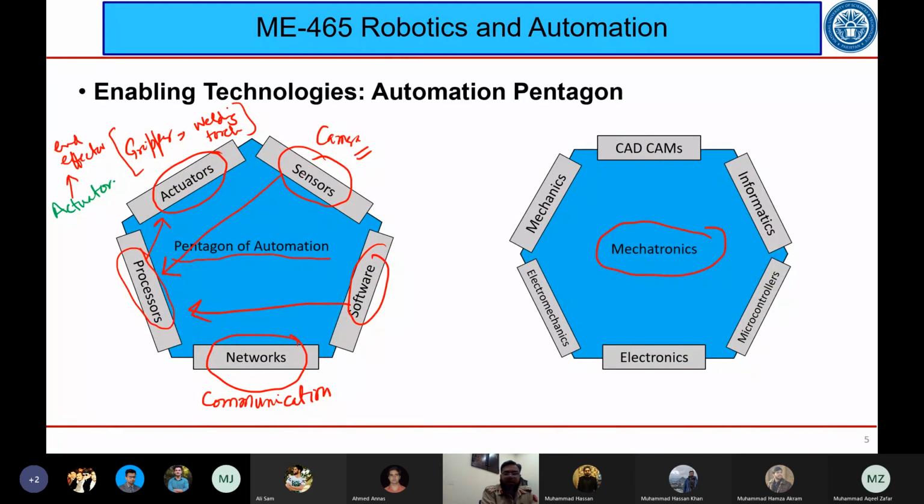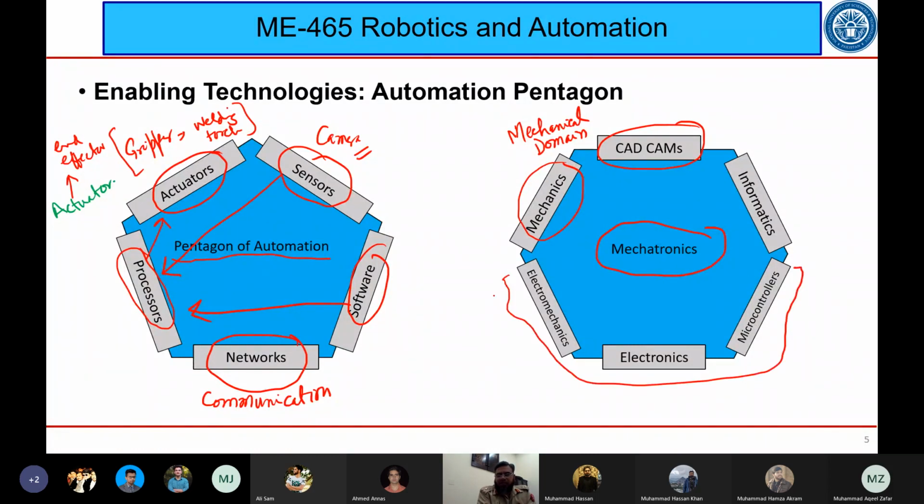सबसे पहले मैं बात करूँगा mechanics की. So it's a combination of mechanics, then design. ठीक है? So this is purely mechanical domain. ठीक हो गया? Then electronics, microcontrollers, electromechanics.